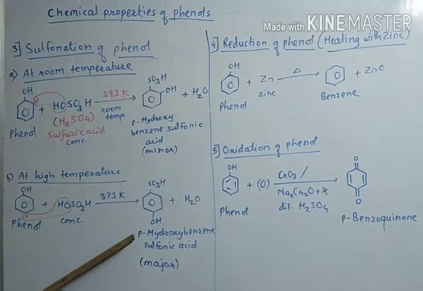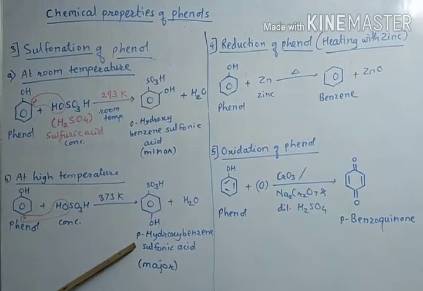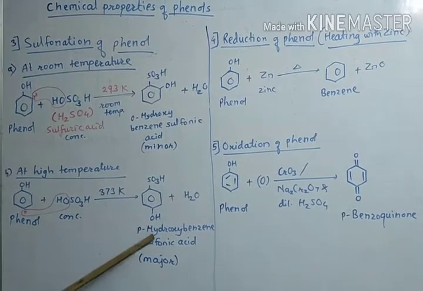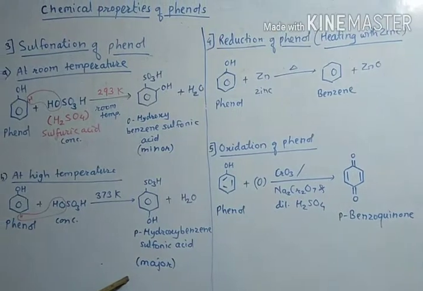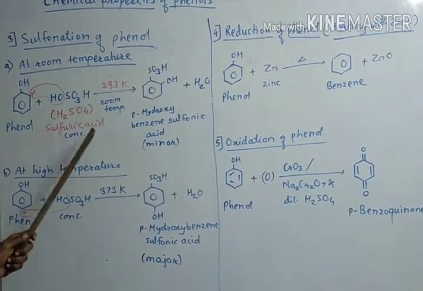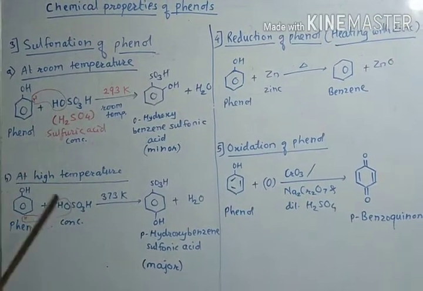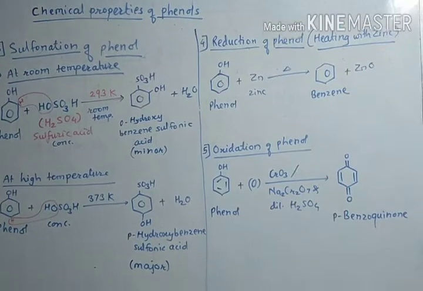So there is a formation of p-hydroxybenzene sulfonic acid. That compound will be the major product. So keep in mind, at room temperature O-hydroxybenzene sulfonic acid, and at high temperature p-hydroxybenzene sulfonic acid.